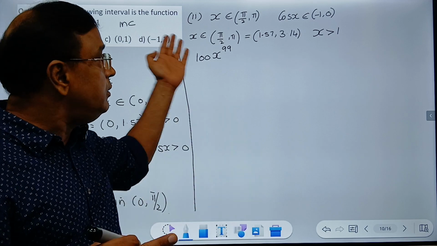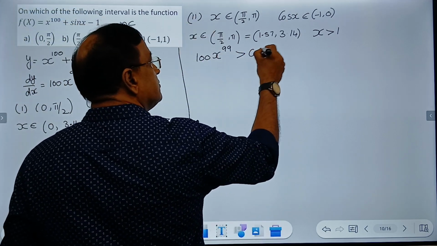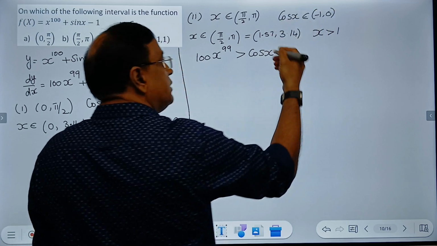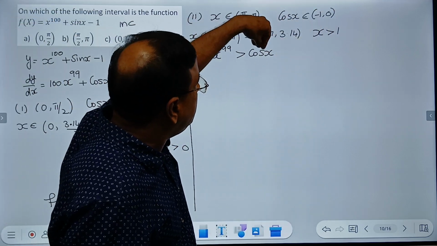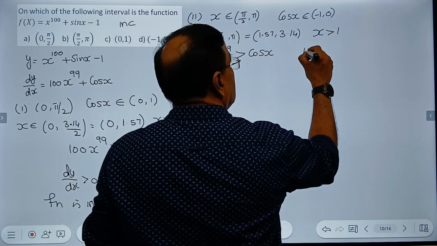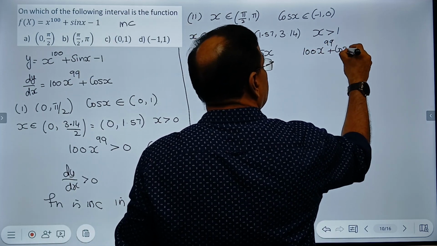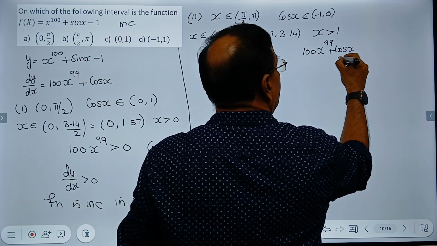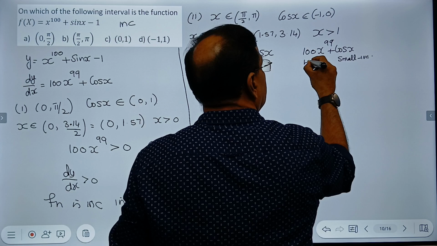So 100 into x power 99 will definitely be greater than cos x. Even though cos x is negative, it is a small negative number added to a very big positive number.